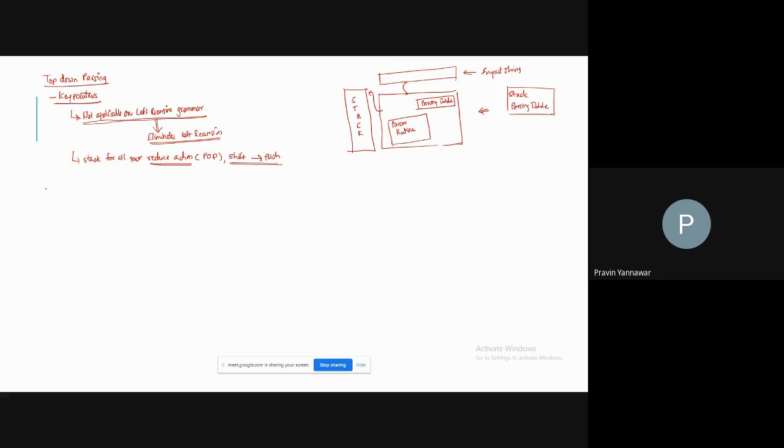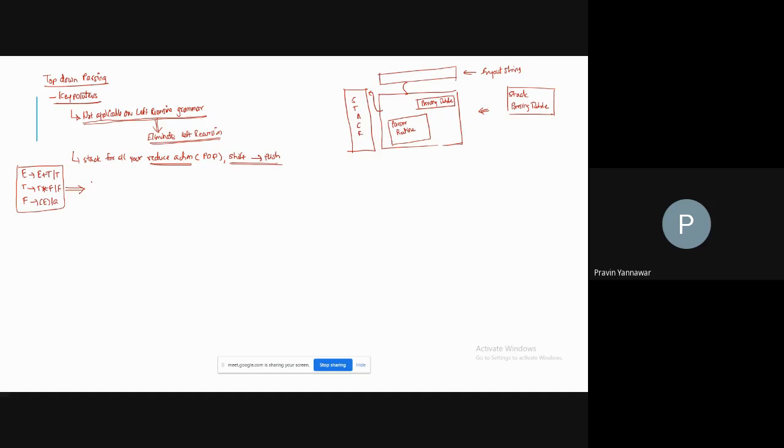Now let's see a very interesting and simple grammar. Suppose your grammar is E implies E plus T or T, T implies T star F or F, and F implies opening bracket E closing bracket or A. Once you have received a grammar, this grammar has to be checked for left recursion.